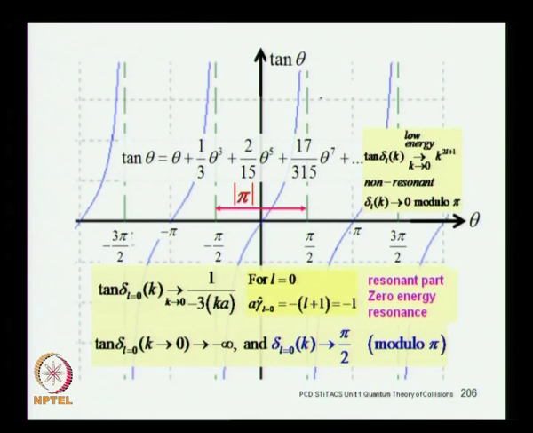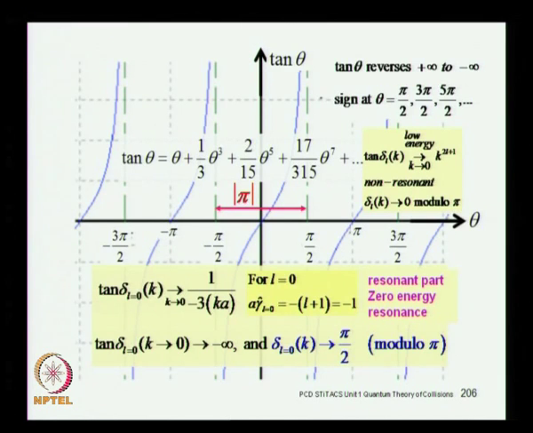This happens when the phase shift is pi by 2 or plus or minus pi. Now, this is a very peculiar effect, and it is happening because of a resonance effect, and we will discuss why this resonance takes place.